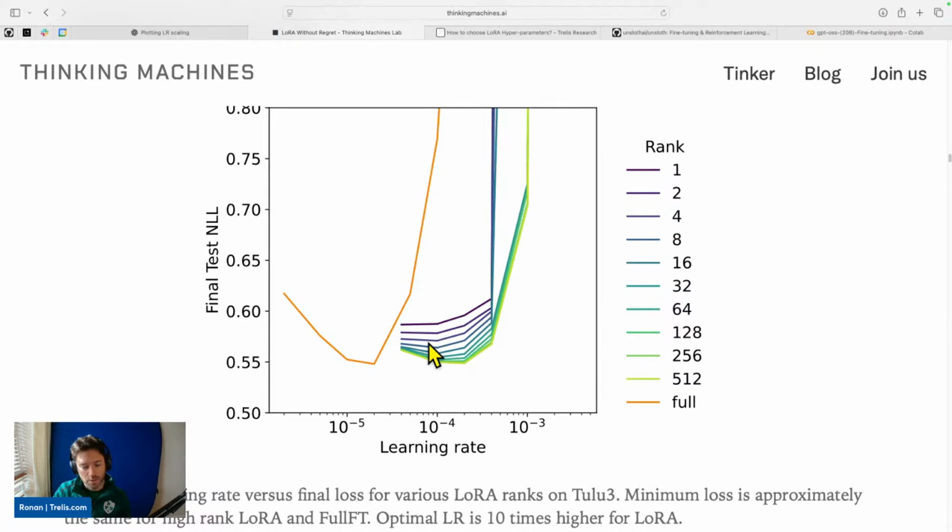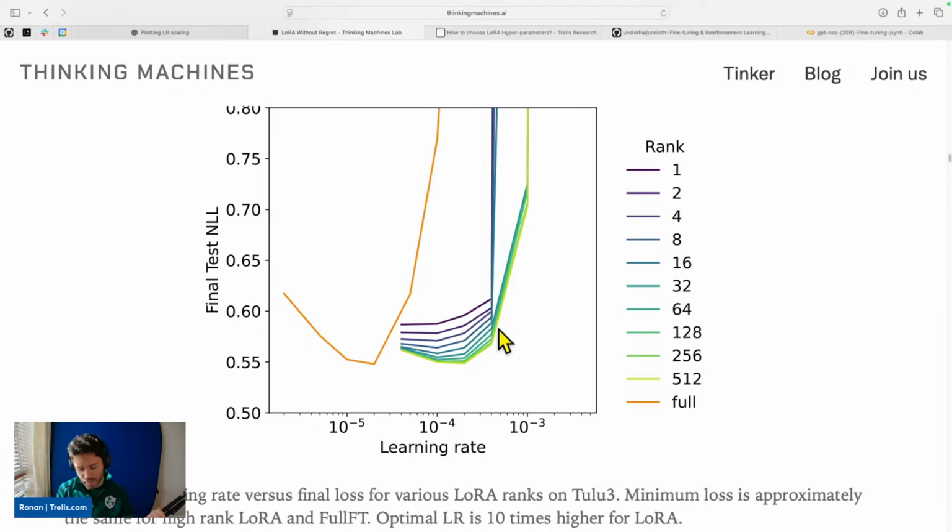And if you have your learning rate a bit too low, well, the loss curve here is kind of flat. So if I had it at 1e-4, or if I had it at 2e-4 versus if I had it at 3e-5, I'm not going to see that much difference in performance. So if you have to choose between the two, in general, and this is not just for LoRA, it's probably better to be a little bit on the low side with your learning rate than to be on the high side.